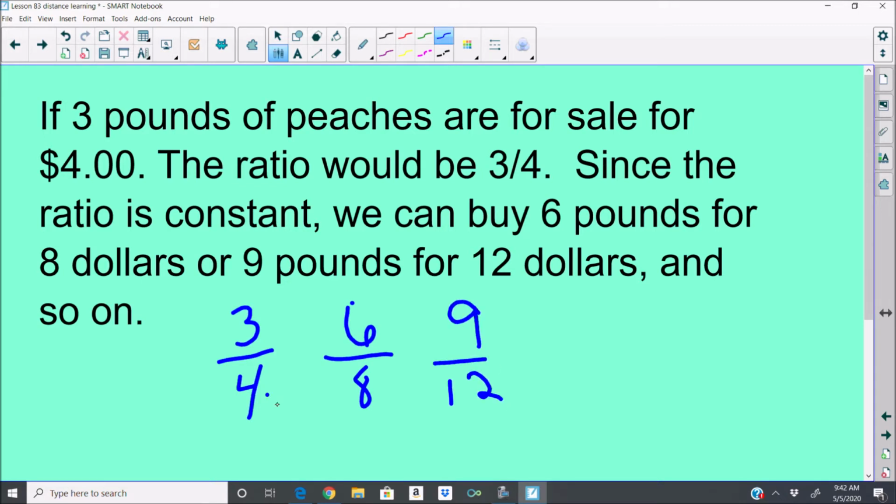All I'm doing here is I took 4 times 2, 3 times 2, right? That's a fraction that's equal to 1. Now, I can't go from this fraction to this fraction by doing that multiplication, but I can go back to this one, right? 4 times 3 would give me the 12, 3 times 3 would give me the 9, and so on.